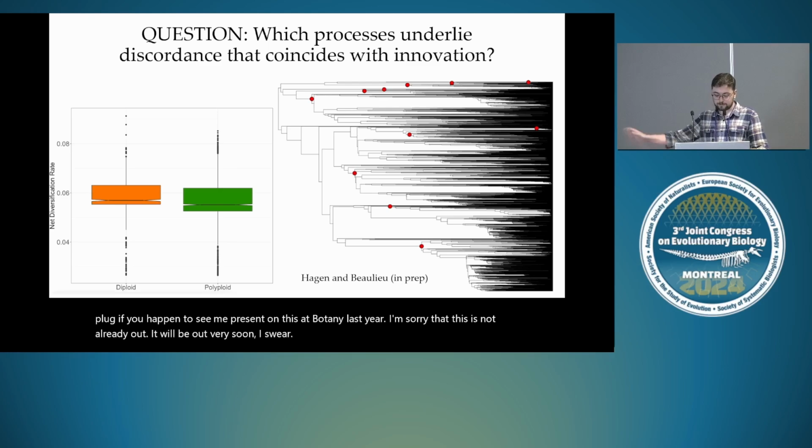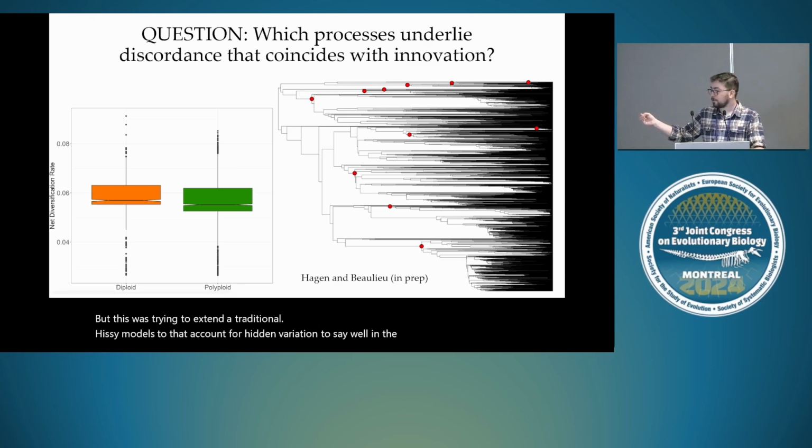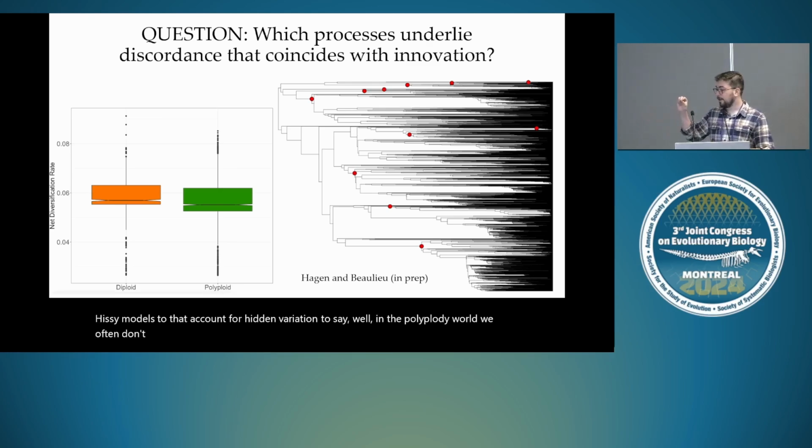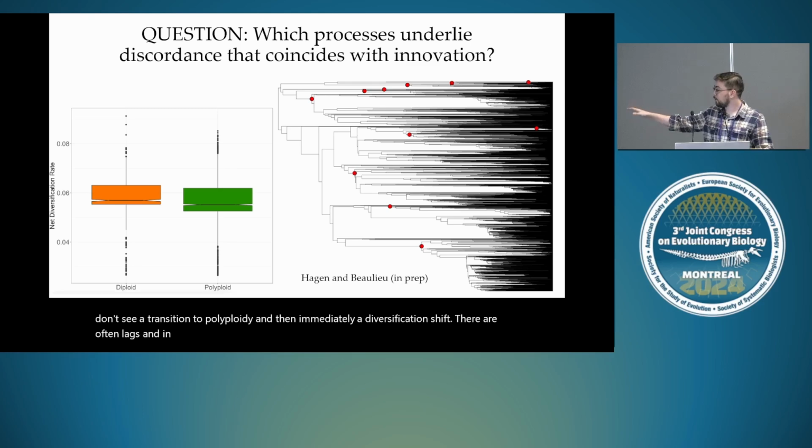But this was trying to extend traditional HiSSE models that account for hidden variation to say, well, in the polyploidy world, we often don't see a transition to polyploidy and then immediately a diversification shift. There are often lags. And in this model, we are incorporating the ability to have lags.